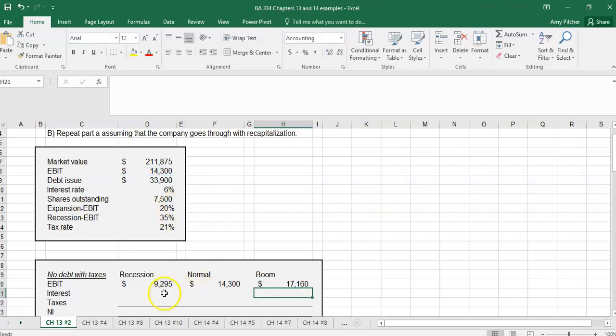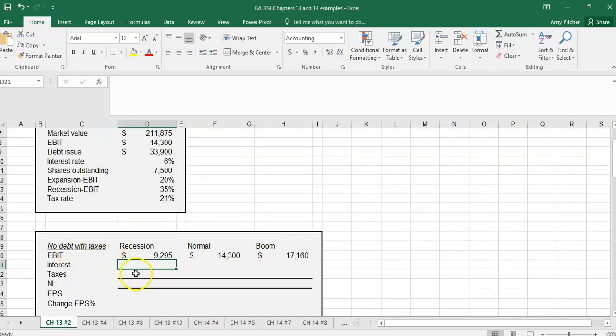We have 0 interest payments because this has no debt. So our taxes are 21% of our expected EBIT. Our tax rate is 21%.